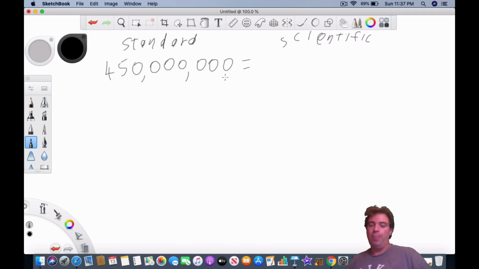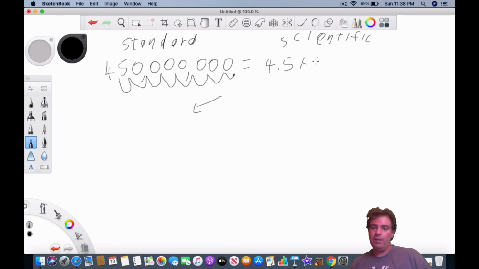Imagine over here we have a decimal point. This number is clearly larger than 10 by a lot. So we slide it to the left. The number of decimal slides becomes the positive exponent. So we go 1, 2, 3, 4, 5, 6, 7, 8. So it becomes 4.5 times 10 to the 8.